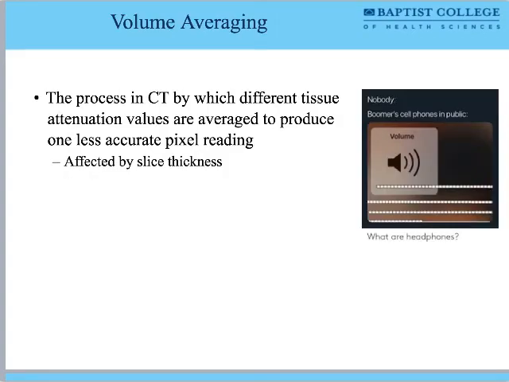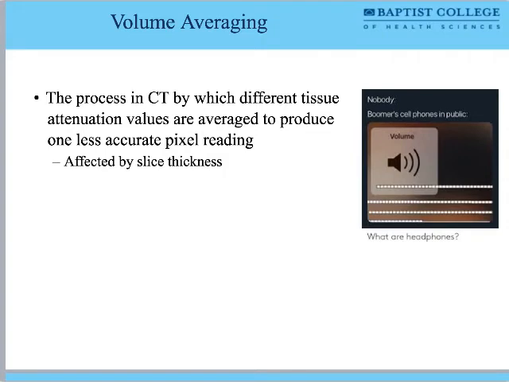Now I want to be real clear about the way I'm using the word volume. I am not talking about the volume of music, or the volume of my step-parents' cell phones in public. This volume has to do with a set of space, like the way we talk about volumes in physics class.